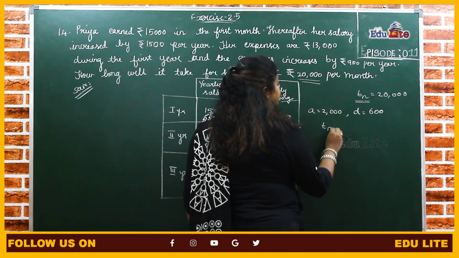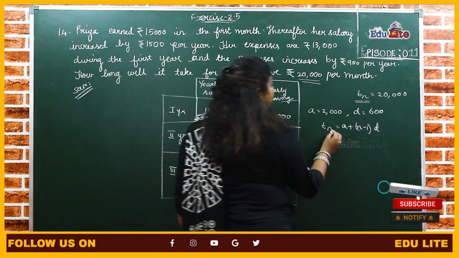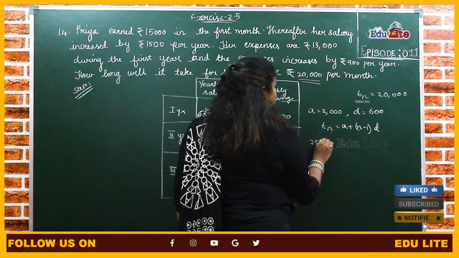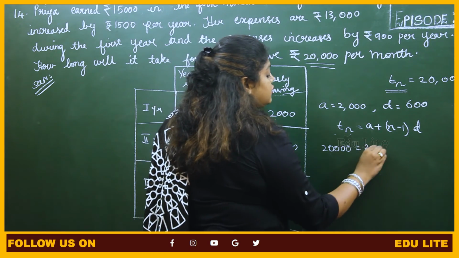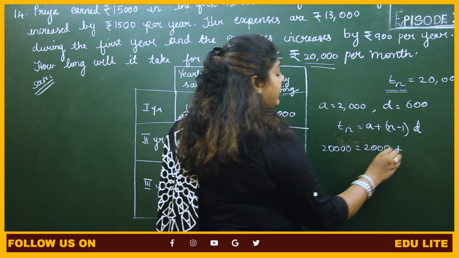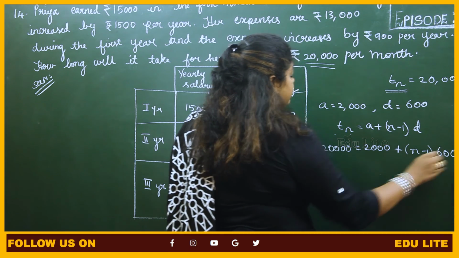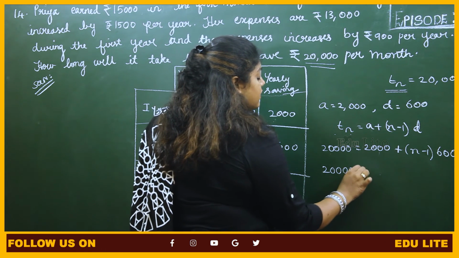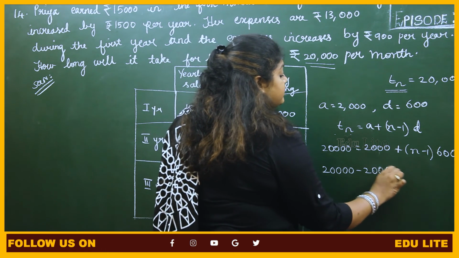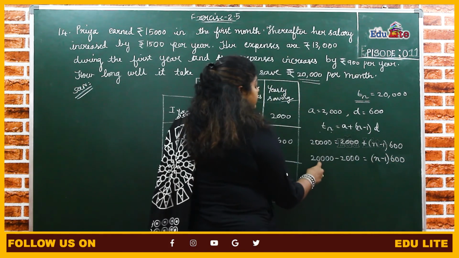Let us use the formula Tn equals A plus n minus 1 into D. We have Tn as 20,000, which equals A value 2,000 plus n minus 1 into 600, where n is what we have to find. Bringing this to the other side, 20,000 minus 2,000, which is 18,000, equals n minus 1 into 600.